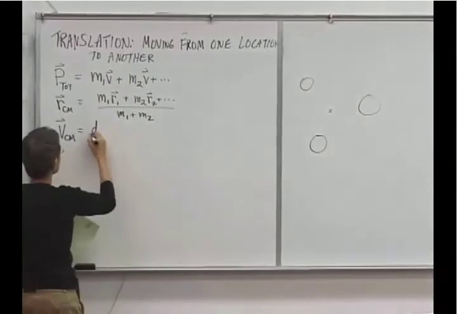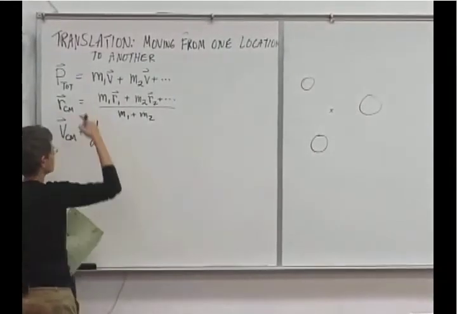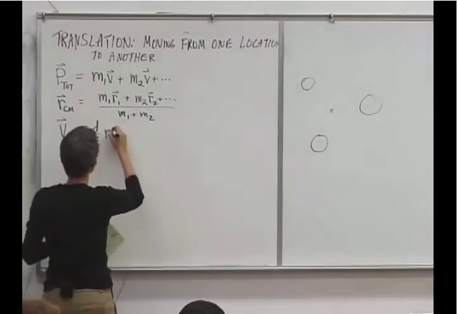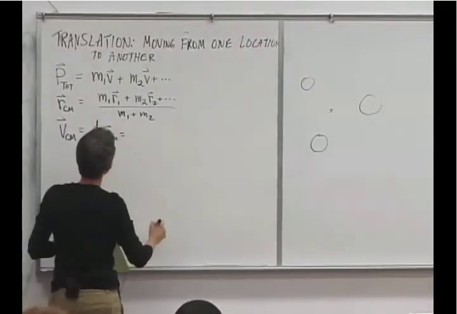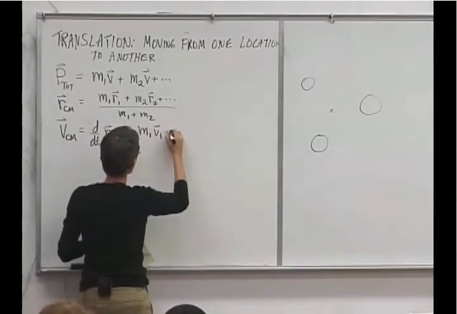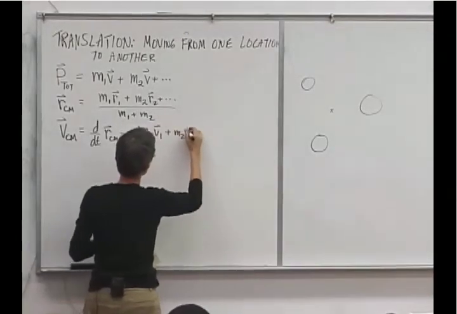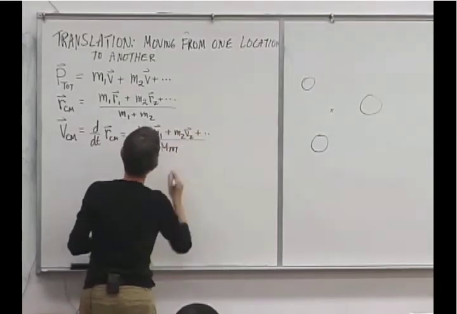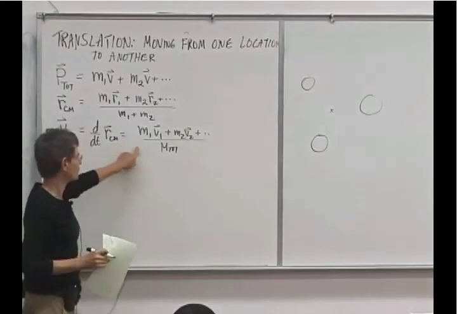All we do is, since velocity is the rate of change of position with time, differentiate that, and what we end up with is m1 v1 plus m2 v2, over the total mass.